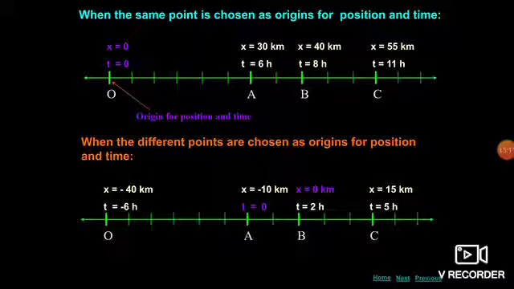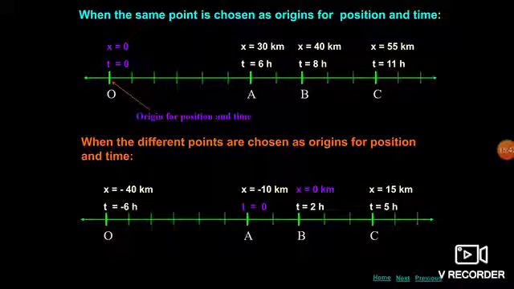Now if we go to B, in the above figure A was at t equal to 6 hours and B was at t equal to 8 hours when O was the origin of time. But in the lower one, as the origin of time is A, we will take time at B as equal to 2 hours. At C we'll take time equal to 5 hours, because A is now acting as the reference point for time t.